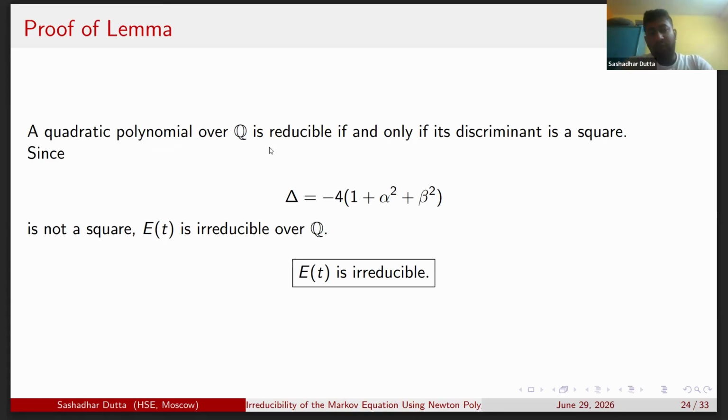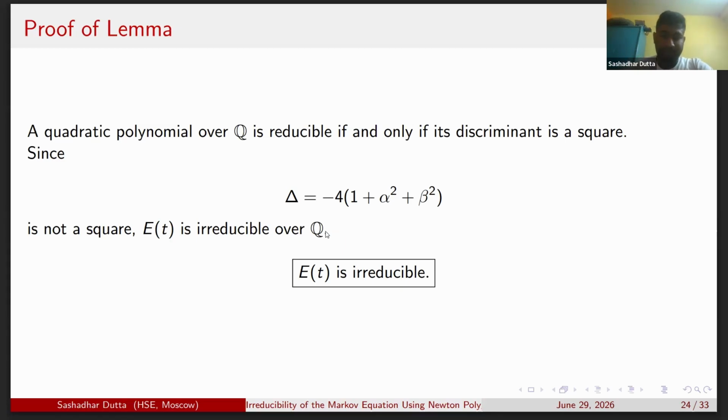We know that it is irreducible if it has no rational root; if it were reducible, the discriminant would be a square. Since del, when we calculate it, we cannot get a square, because you can see there is a 1, and we know that 4 is a square, and this should not be a square. So that's why it is irreducible over Q.